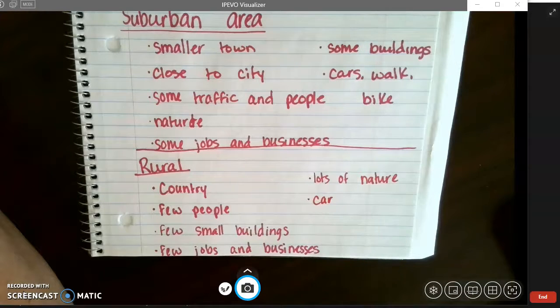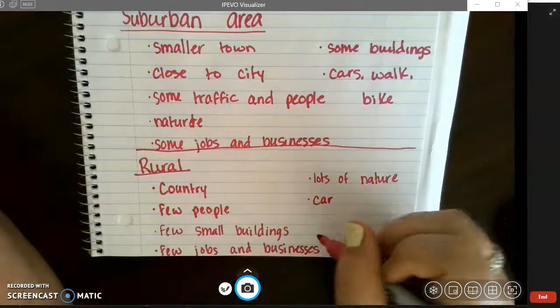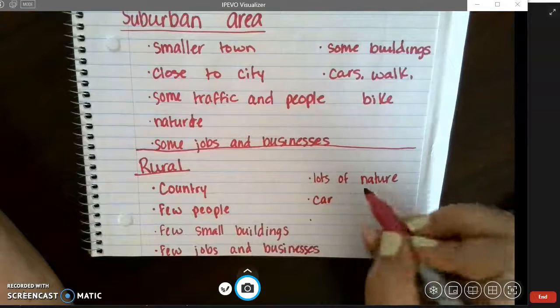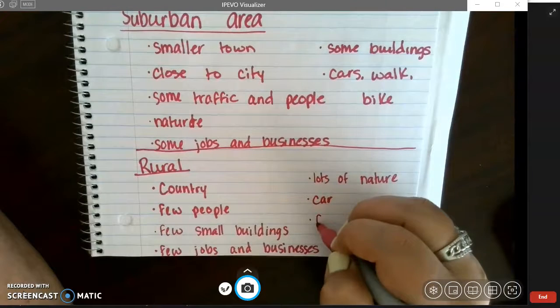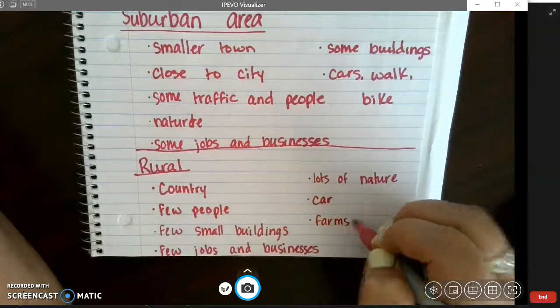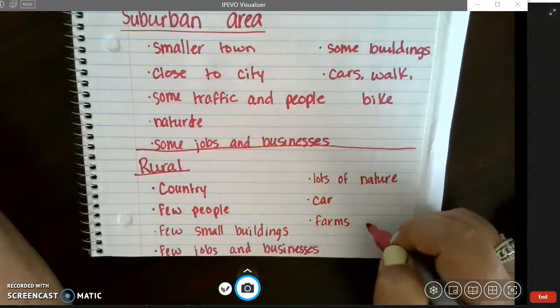And there's not really trains that will take you from one place to another and stay in that place. Like I said, there might be a train in Jackson. You can hop on the train there, but where you go to is not going to be in Jackson. And then going along with nature, there are lots of farms and barns.